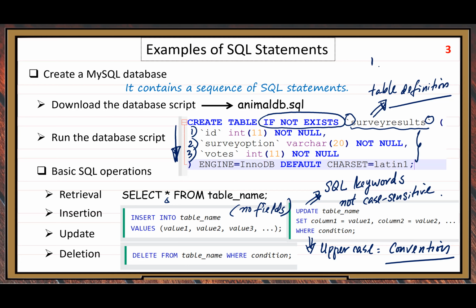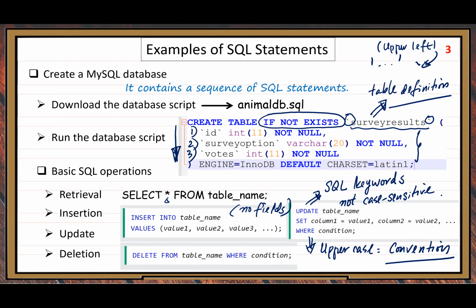But this goes in this direction. From your keyboard's upper left corner, you can find the key. We call it the backtick. So this symbol.